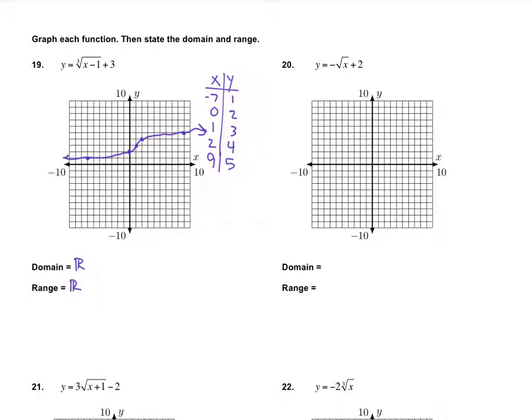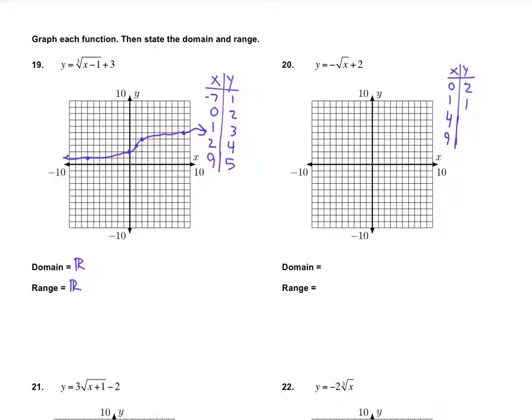For square root, we want to get 0, 1, 2, and 4, since there's nothing being added. Square root of 0 is 0, times negative 1 is 0, plus 2 is 2. Square root of 1 is 1, times negative 1 is negative 1, plus 2 is 1. For that I meant 0, 1, 4, and 9.